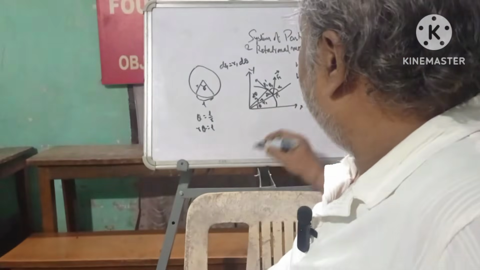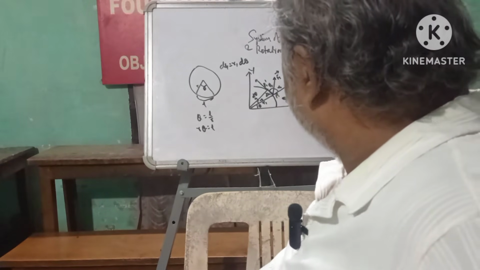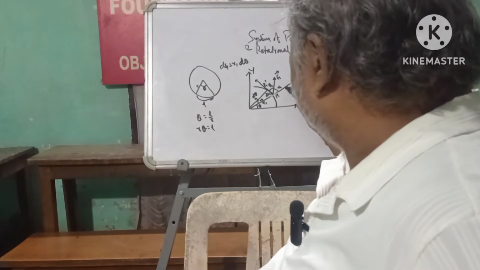Now here you see that the tangent is perpendicular to the radius.